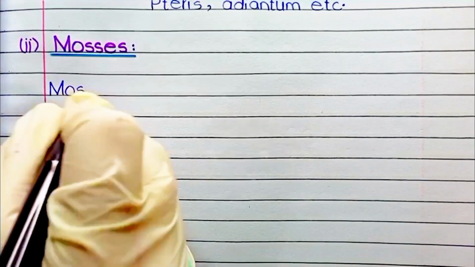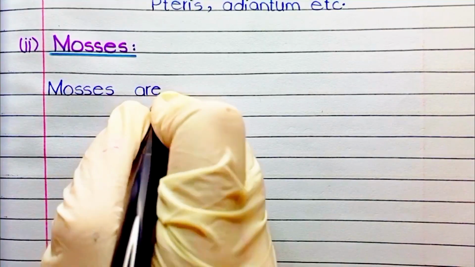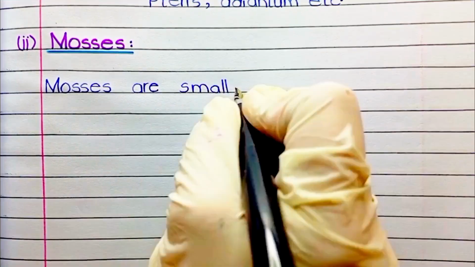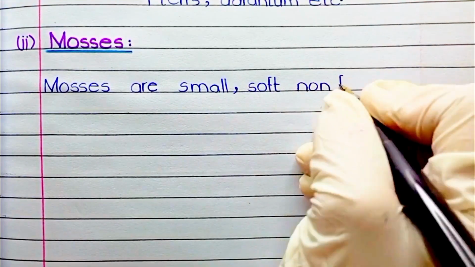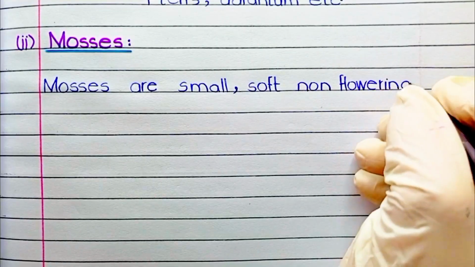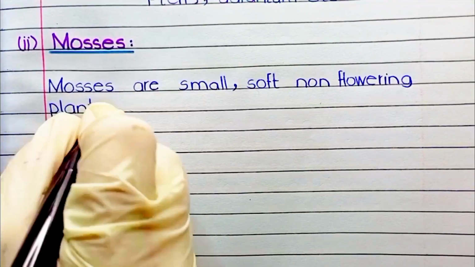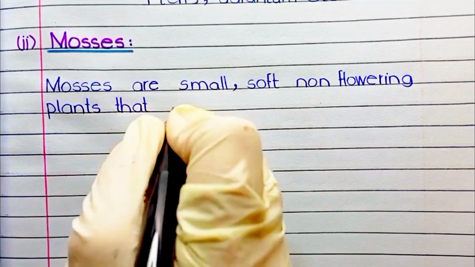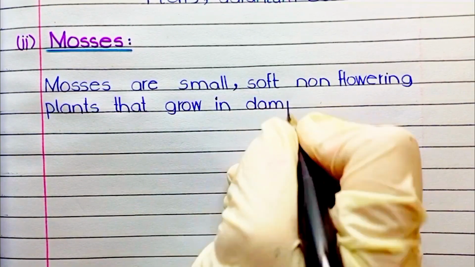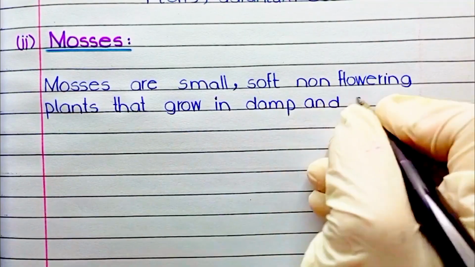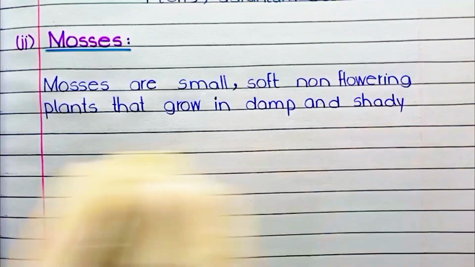Mosses. Mosses are small, soft, non-flowering plants that grow in damp and shady places.